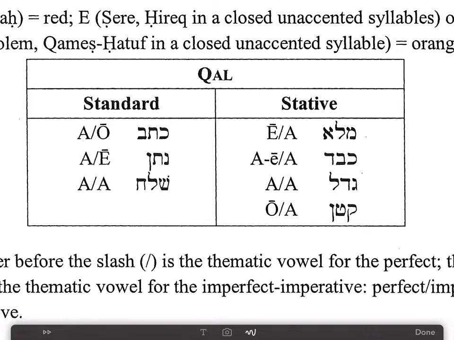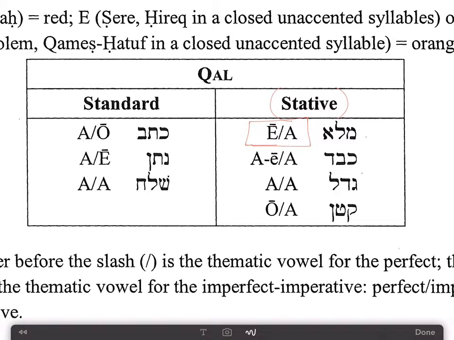When we get to the imperfect and imperative of the qal, we have ektol, tiktol, tiktoli, niktol, yiktol, right on down the road. You see, so you have that O with the tet. Okay, so that's the designation that we use. Now we don't ever see it for standard verbs because it's part of the paradigm we learned. With stative verbs now, we're going to have to start giving you the theme vowels for how they work.